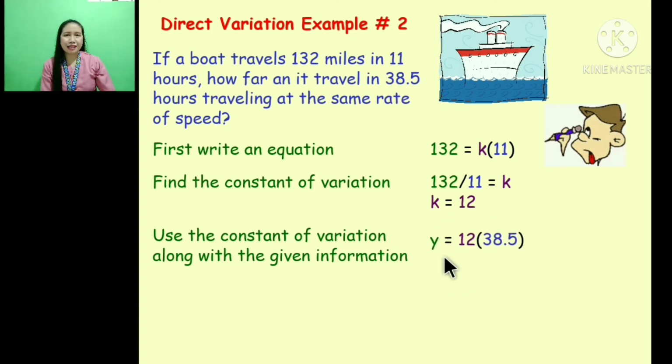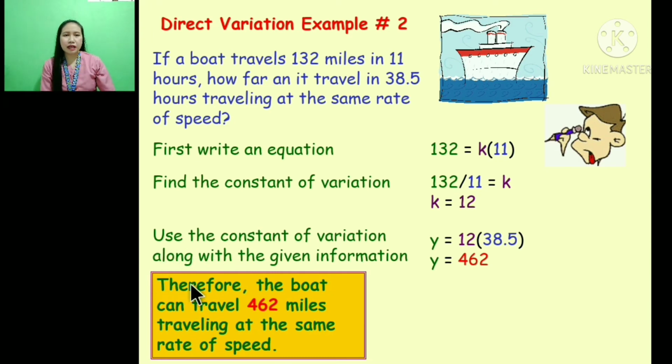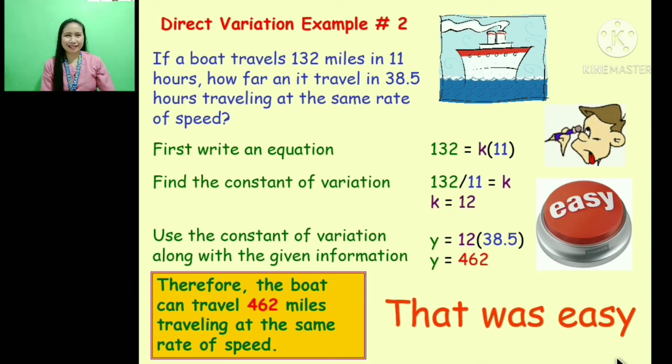So we have y is equal to 12 multiplied by 38.5, and that is y is equal to 462. And we have our conclusion. The boat can travel 462 miles traveling at the same rate of speed. Again, that was easy, right? Yes, that was easy.